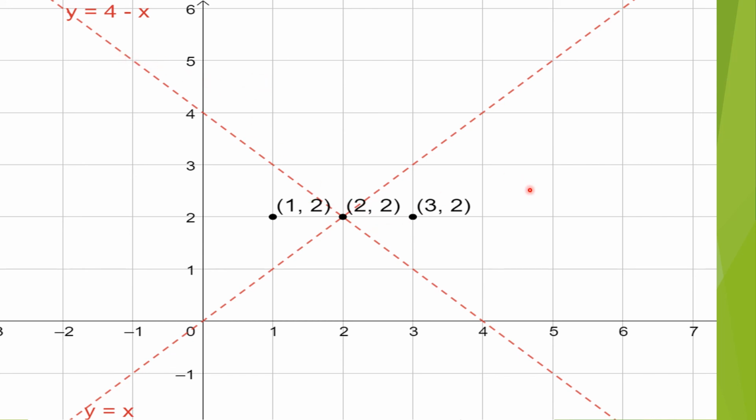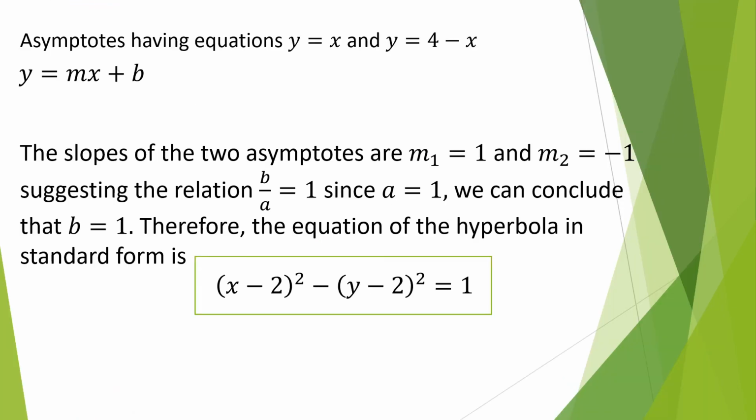What we are looking for is the equation. The asymptotes have equations y equals x and y equals negative x.